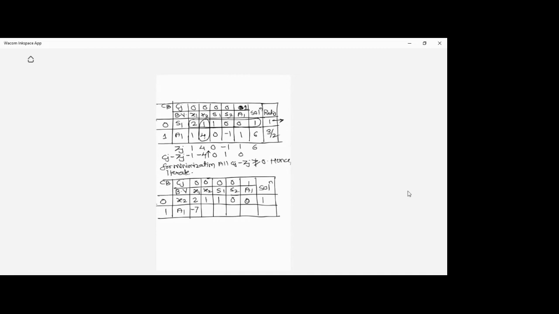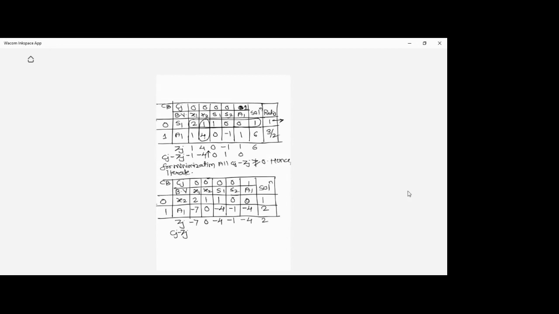Similarly, if we go on calculating, here it will be 0. You can take it up as a task and check whether the values that I have derived are right or wrong. Here the value will be 2. Similarly, I can calculate the Zj value and the Cj minus Zj value. So here it will be -7, 0, -4, -1, -4, and here it will be 2, right?